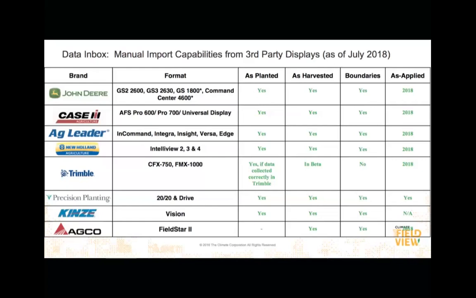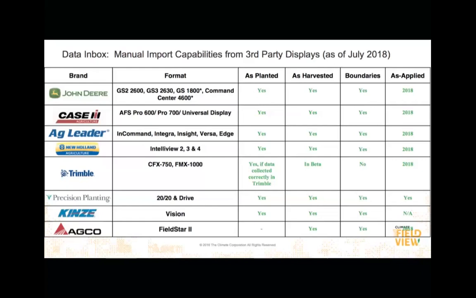You can obviously move data from a 2020 system for precision planting, Kinsey Vision monitors, AGCO FieldStar monitors. Trimble is a little bit more difficult. We can move as-planted data out of those systems if the data is collected correctly in Trimble. Trimble monitors don't require you to put in some of the details about what crop you're planting and what variety is.